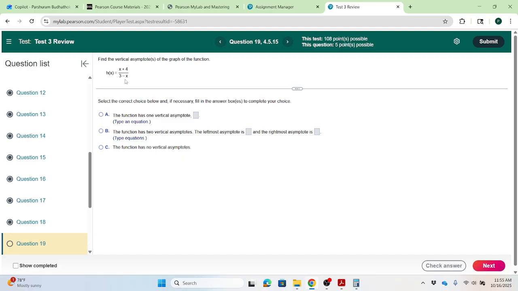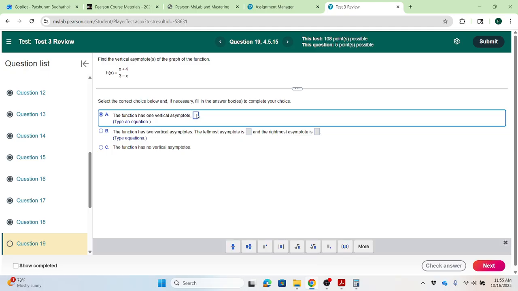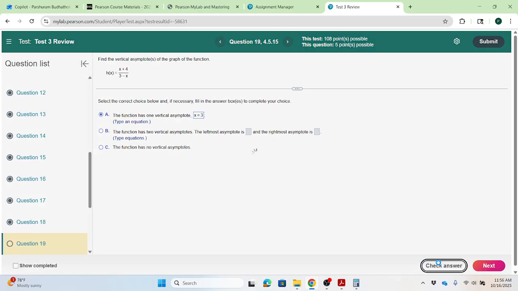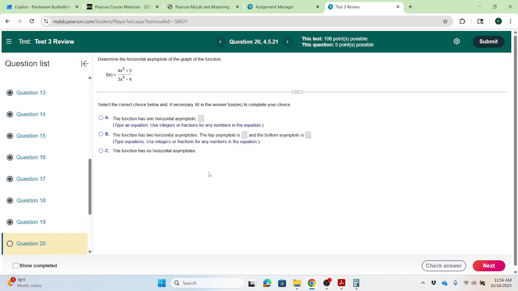Find the vertical asymptote. X equals 3 is the vertical asymptote, because that makes the denominator 0 and there is no common factor. Determine the horizontal asymptote. Compare the degree on the top and degree on the bottom, which is the same.